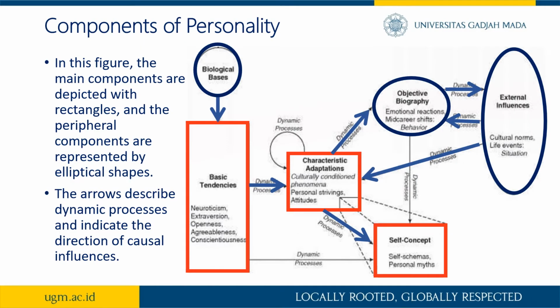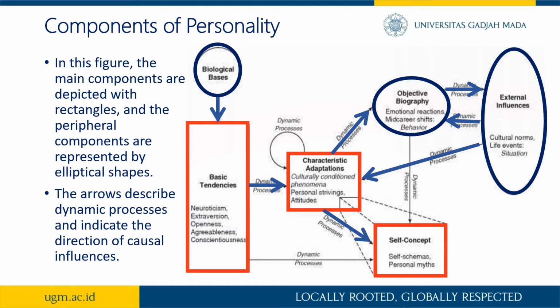And you can see it from this figure. In this figure, first let's try to understand what are the elements in this figure. The main components are depicted with rectangles. So you can see here the basic tendencies, characteristic adaptations, and self-concept are all depicted with rectangles.